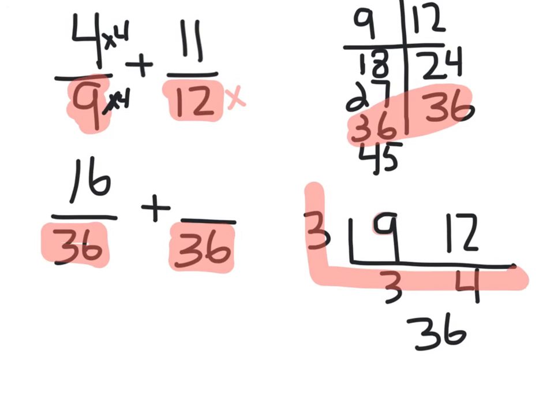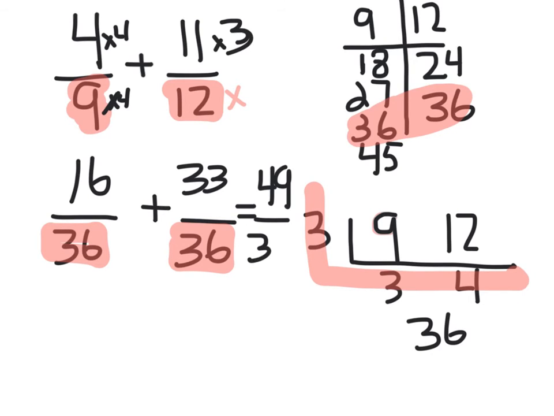So therefore, I have to multiply my numerator by 3, and I will get 33. Now to finish off the problem, I'm going to add my numerators. 16 plus 33 gives us 49, and my denominator is going to be 36. I then can change that into a mixed number if I'd like.